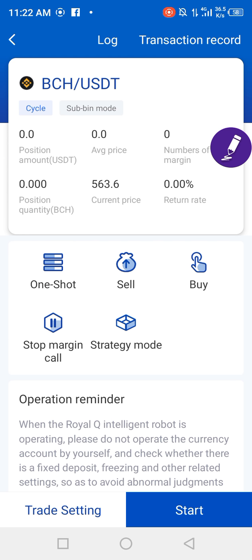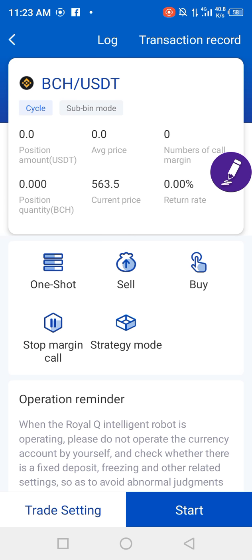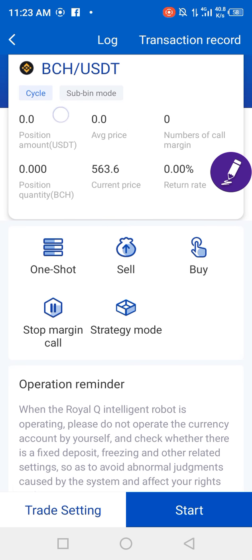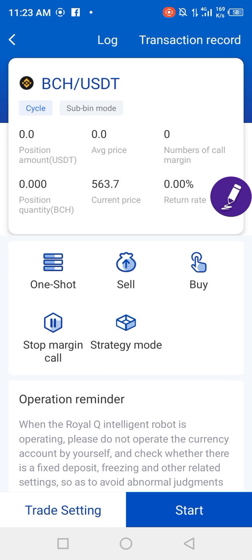One shot mode means after it has sold off all the coins in its possession, it shouldn't buy again. It will wait for you to come and click start again for it to start. But if you leave it in circle mode, it's already in circle mode. Okay, it's a toggle switch.